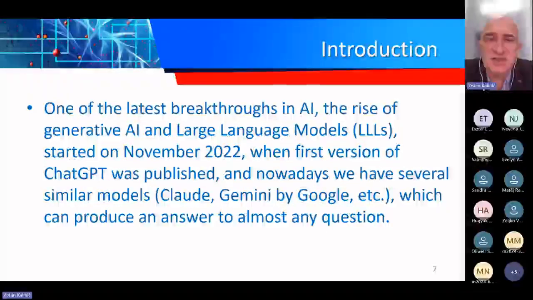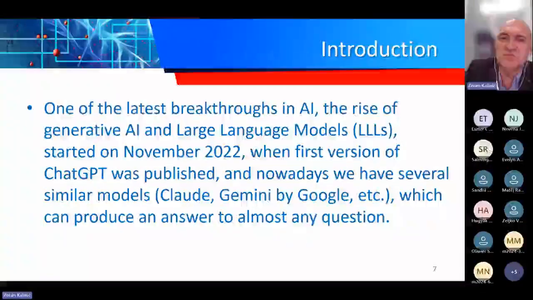Of course, there are some mistakes. These systems are still under development, but comparing the first version of ChatGPT and the current version of ChatGPT, we can see great progress, and I guess in a few years it will be even better.